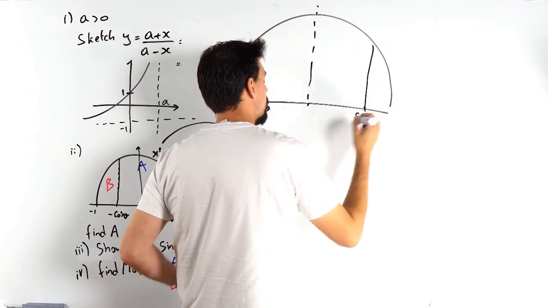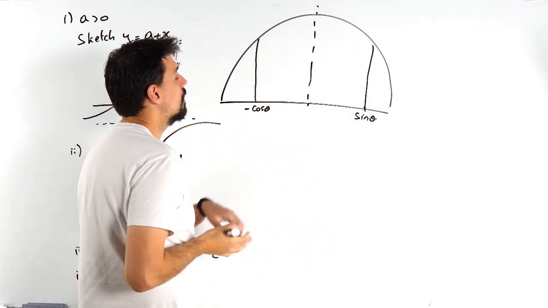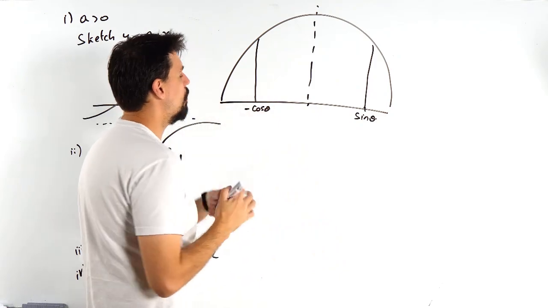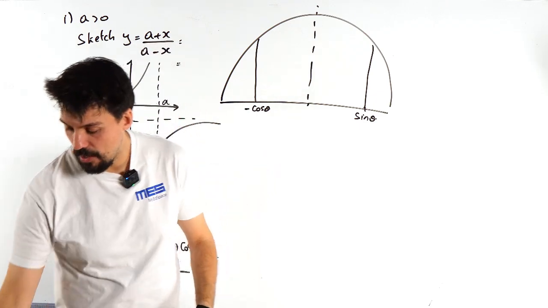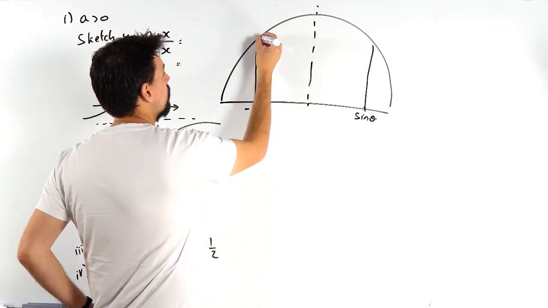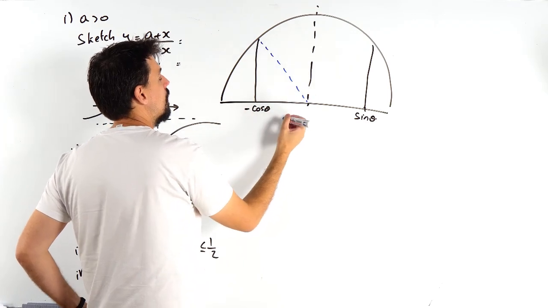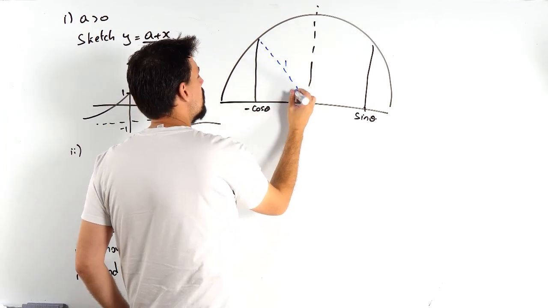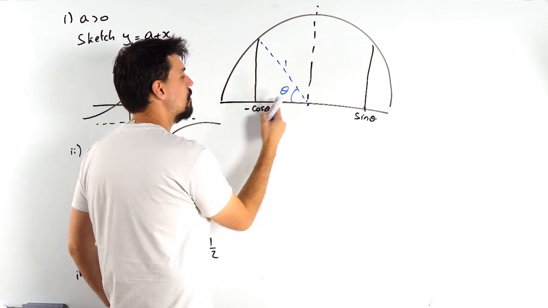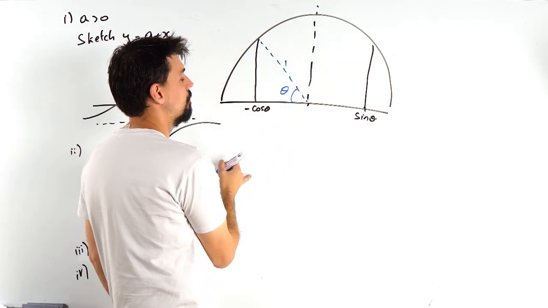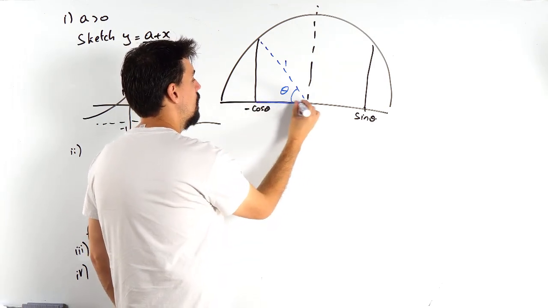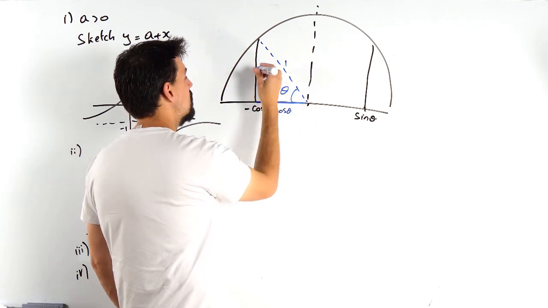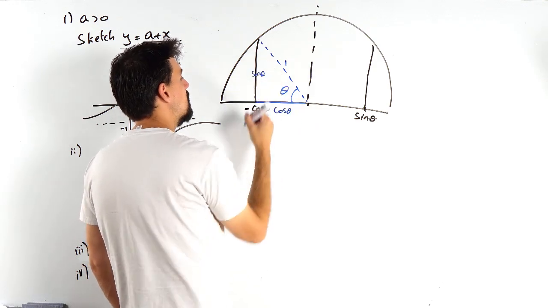Now then, this is a circle of radius 1. Because that's radius 1, if that's minus cos theta, that angle there is theta, just by virtue of how right angle triangles work. Because that's cos theta, and that will be sine theta.